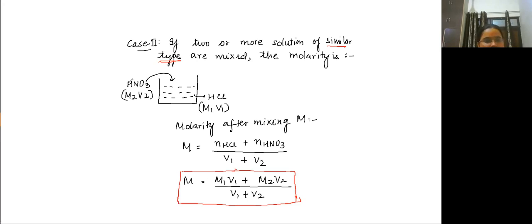Very good. Correct. If 4 are mixed, then M4V4 will also come. Good. If this is done, can I move to the next slide?